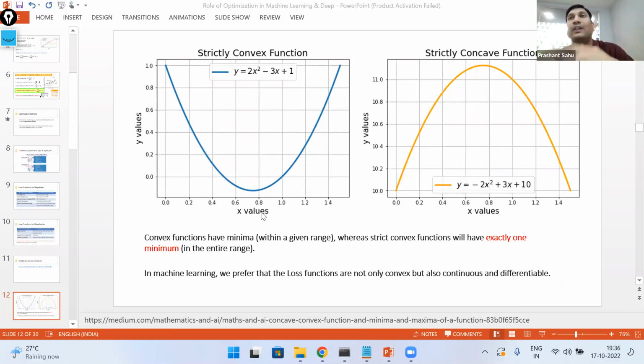So you don't want to give conditions to your model. So ideally, we will never prefer a loss function which is not even continuous. If it is not differentiable, that problem can be solved. But if it is not even continuous, I would straight away discard that loss function. So such a loss function is most useless. Is that clear, everyone?